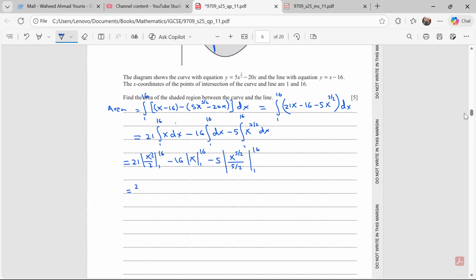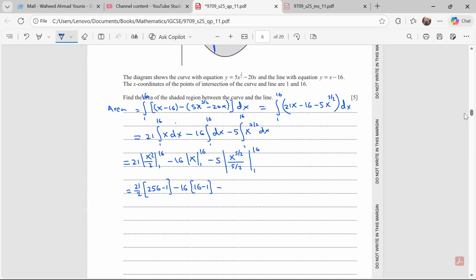Okay, so this is 21 by 2. When I put upper limit, it is 16 squared, so this is 256 minus 1, minus 16, and I put upper limit, so 16 minus 1, minus.